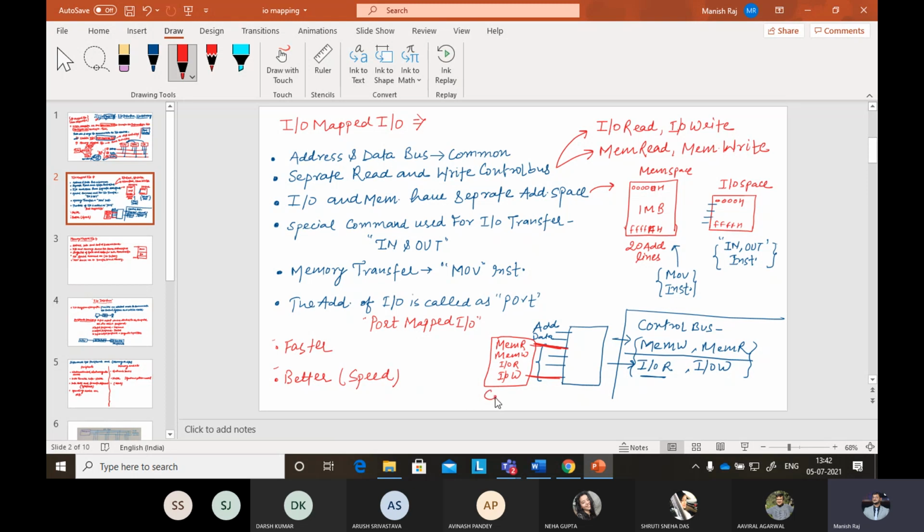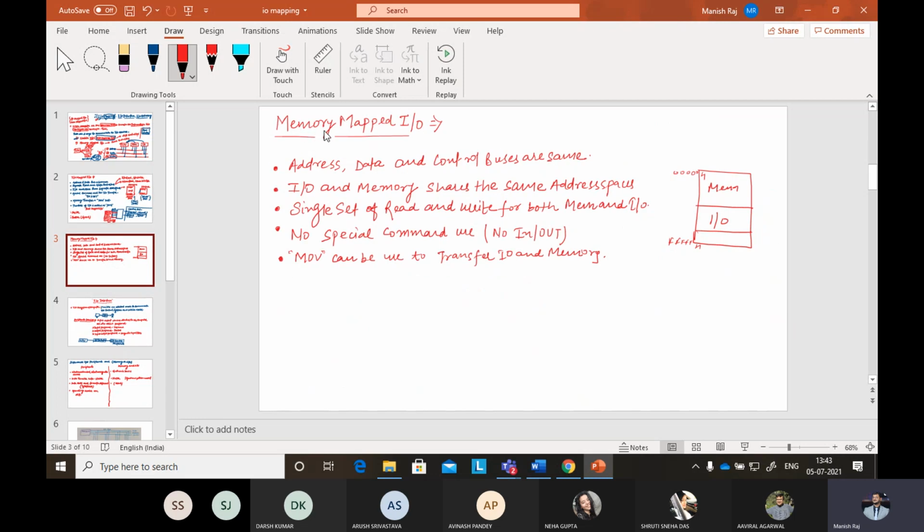So for the control bus, you use different types of buses. In the IO mapped IO, there are different buses for the memory and different buses for the IO. Now I am coming to the memory mapped IO. In the memory mapped IO, what is happening?